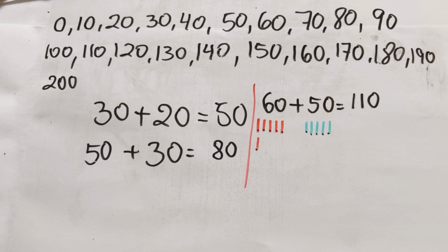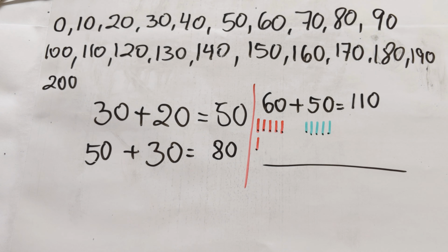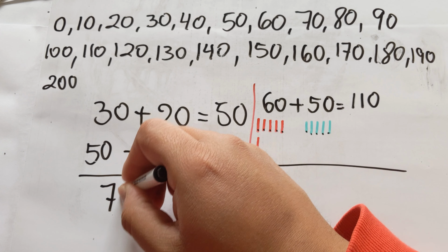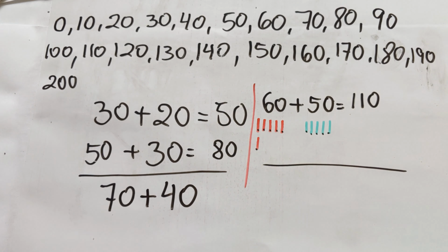I'm going to do one more. What if I have this? 70 plus 40. The same way that I did here, I'm going to draw this time. You can use anything to represent 10. You can use little pennies, you can use little beans, you can use anything at home that can represent 10.